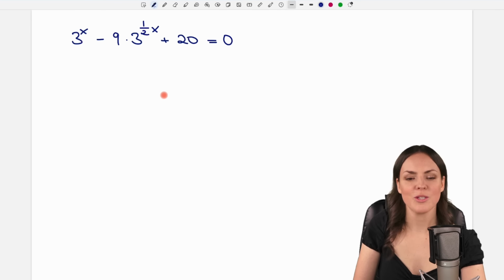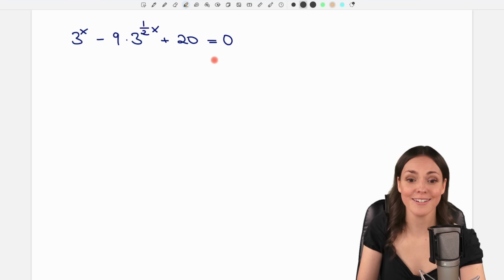How can we use substitution now to solve this equation? Substitution means you take a look at your equation and look for the things that make your equation complicated. So here, obviously, 3 to the power of x makes my equation complicated, and this expression here, that is the similar expression, makes it also complicated.